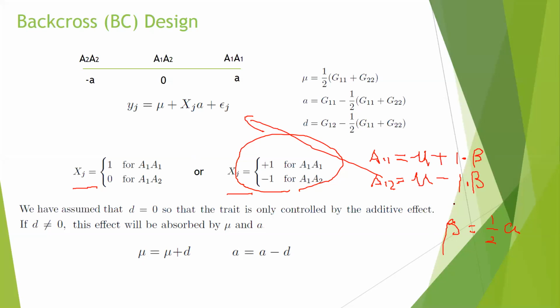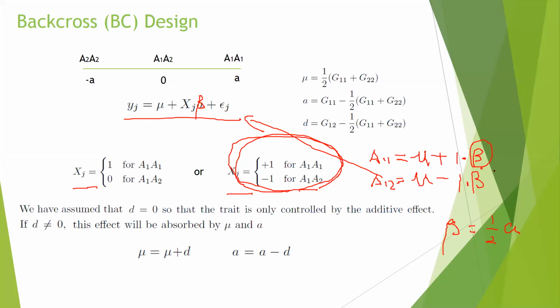So if you use this code to represent the genotypes of A1A1 and A1A2 in the same regression model, then when you estimate beta, the estimated beta is actually just 1/2 of the original additive effect.